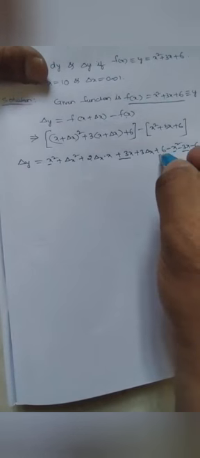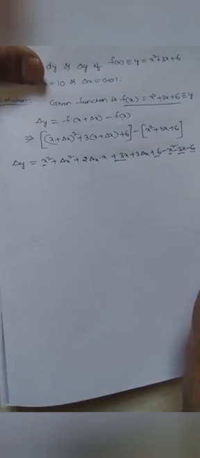So minus the total value, minus x square minus 3x minus 6. So this x square gets cancelled, plus 3x minus 3x gets cancelled, plus 6 minus 6 gets cancelled here.